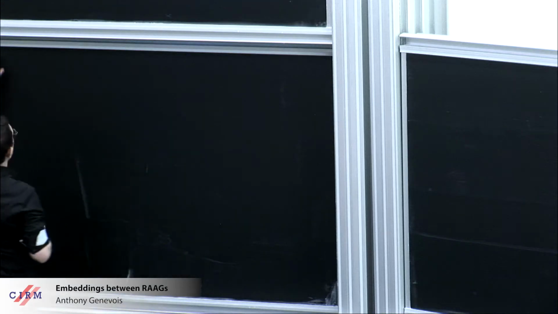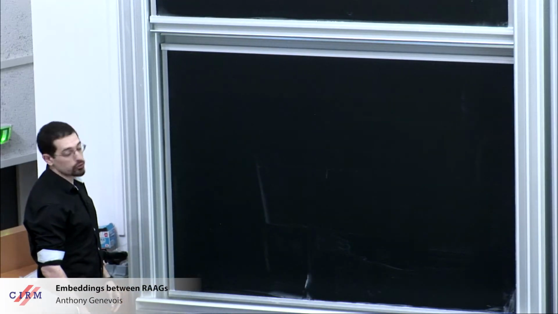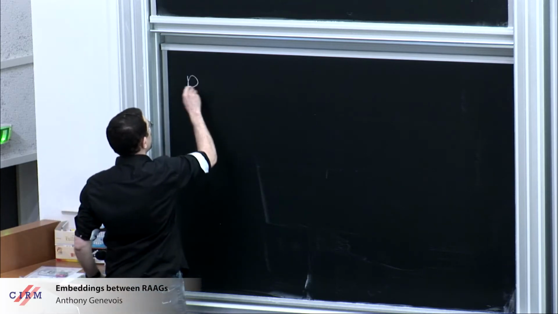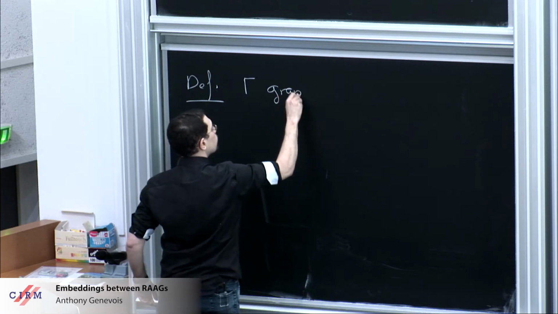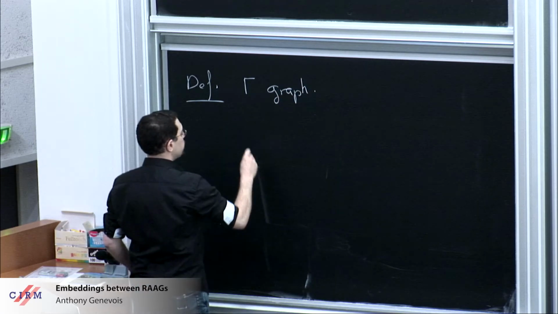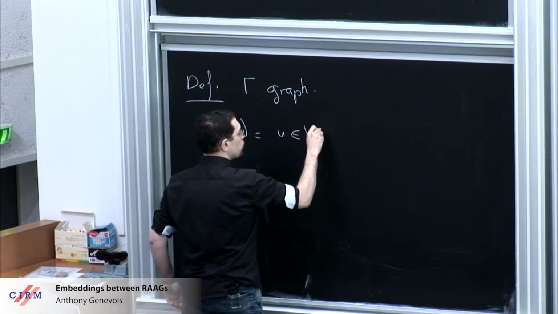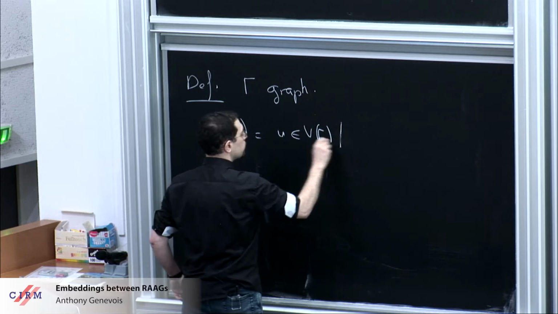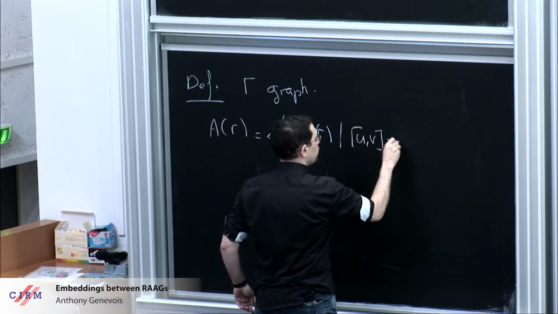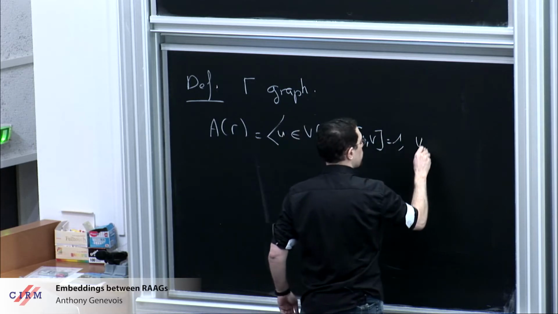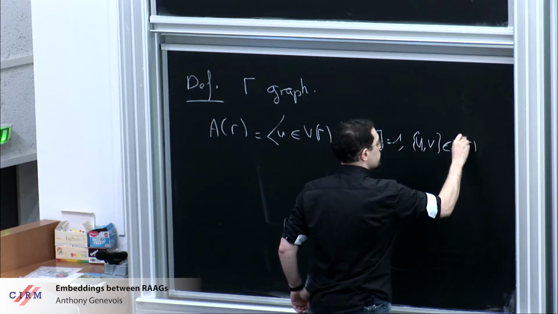So for today, we focus on what are right-angled Artin groups. So let's begin with the definition. Fix a graph gamma, and you define the right-angled Artin group by the following presentation. So the generators are the vertices of the graph, and the relations are just commutators given by adjacent vertices.